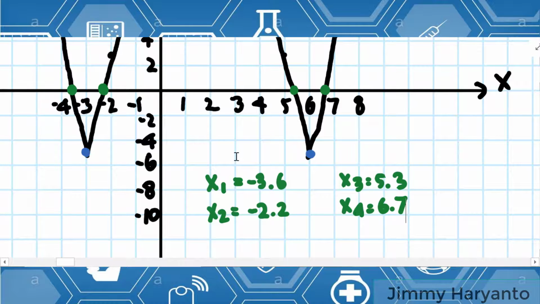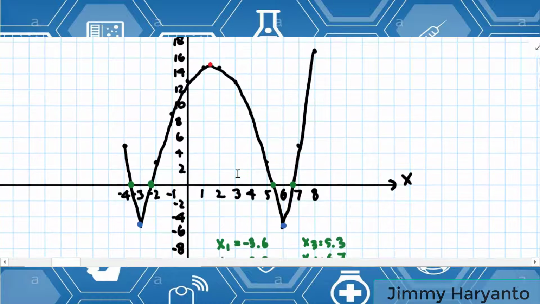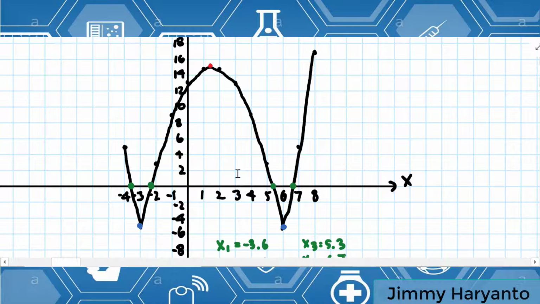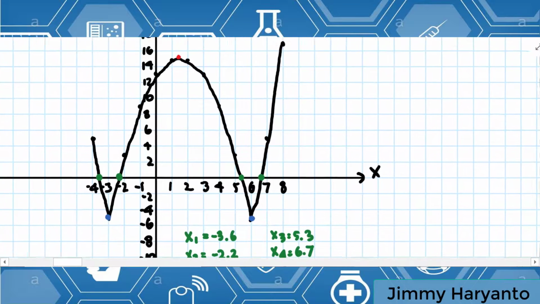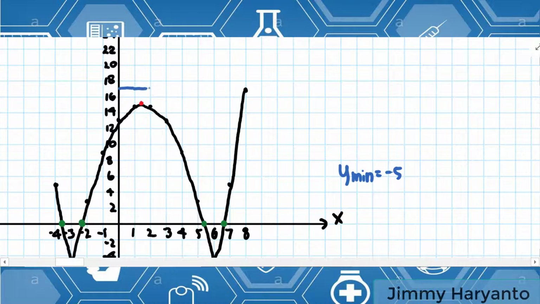Next is the range. This one is 10 points. The range is the values of y from the bottom to the top. The bottom says y is negative 5, so you can say y minimum is negative 5, and for the top, y maximum is 17.